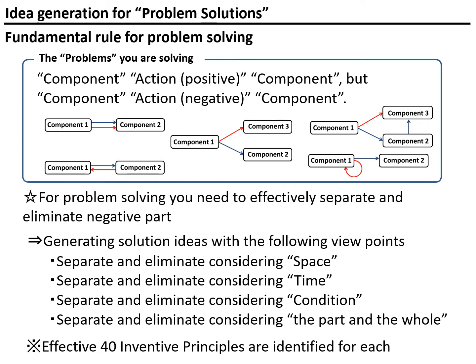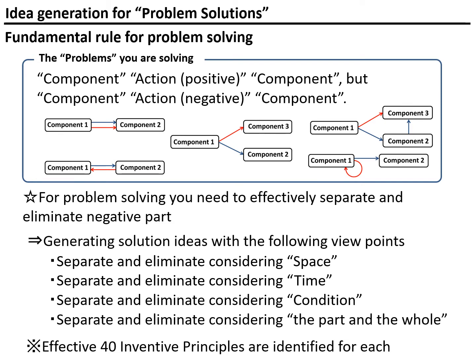As I have introduced, the conflicts could be categorized into a plural number of patterns. And for problem solving, what you need to do is effectively separate the portion which is the source of the negative state and eliminate it.